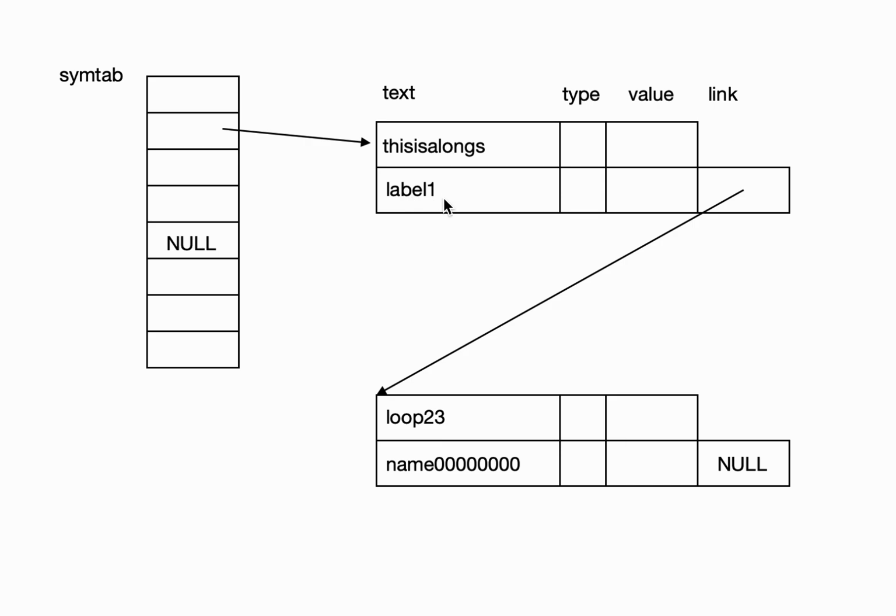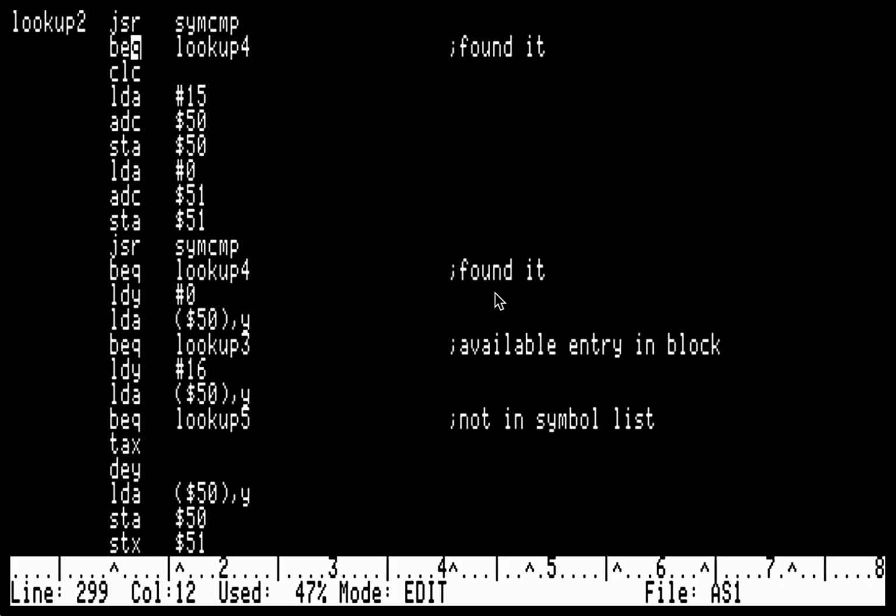If it does not, then I copy this pointer into my 0 page locations 50 and 51, which means I loop back to the top of that part of the subroutine to check then the next block. And that loop is horribly wrong.